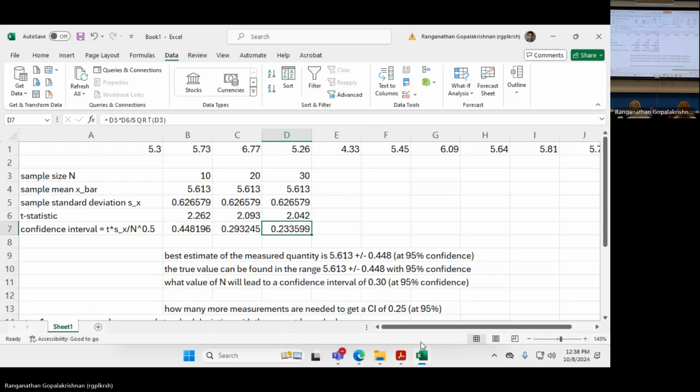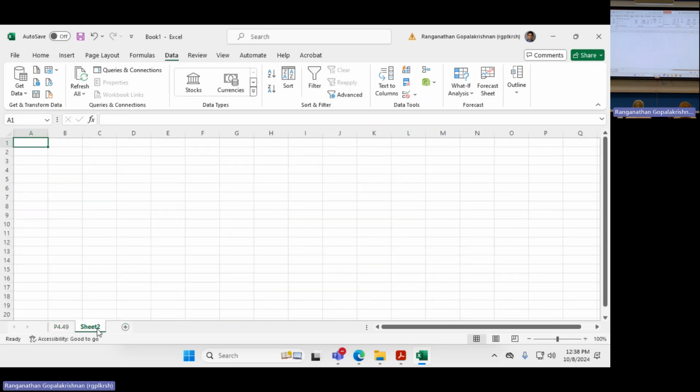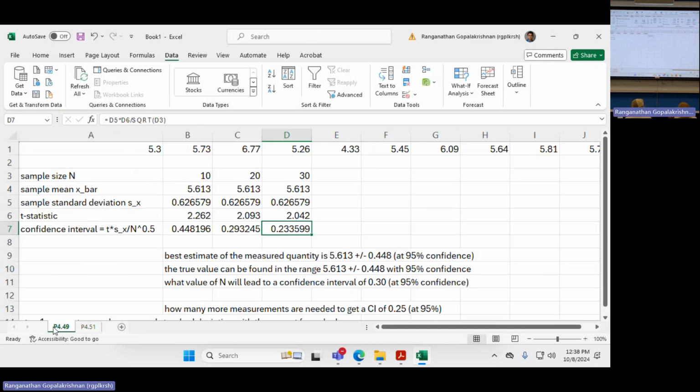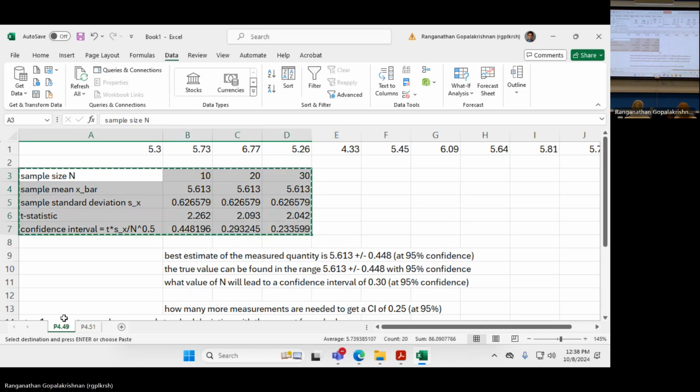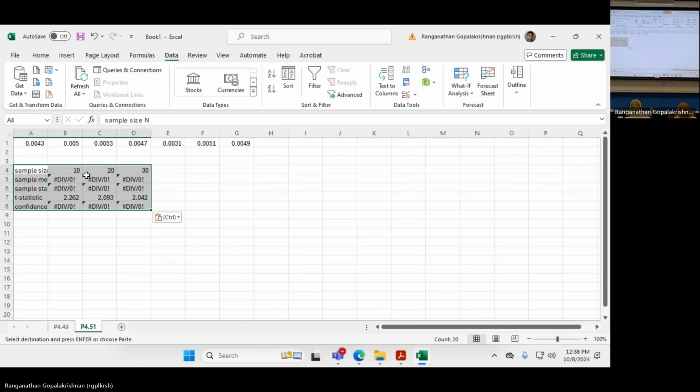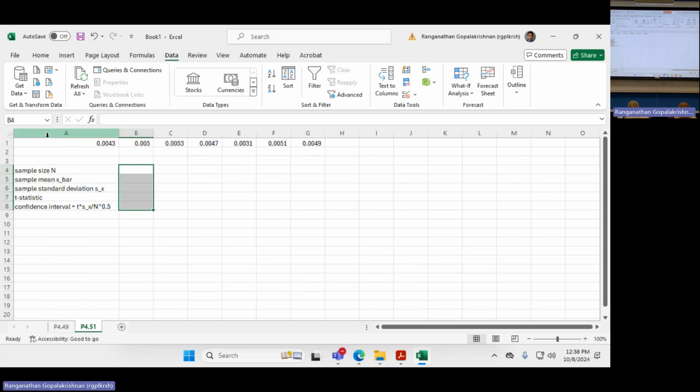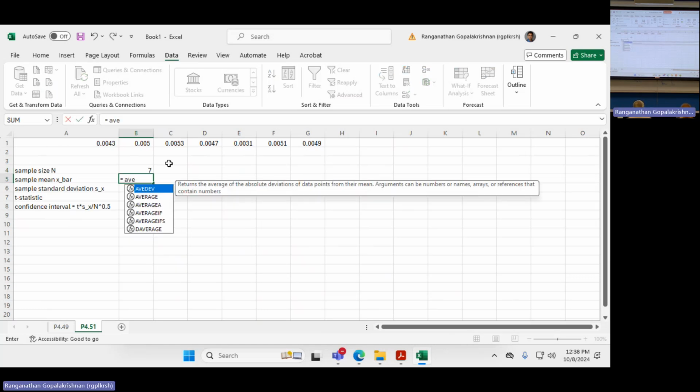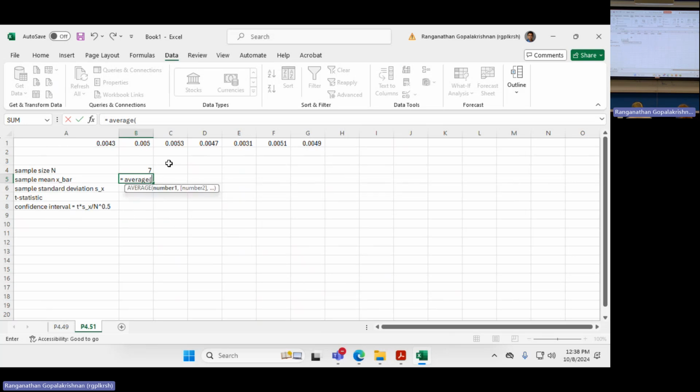Copy that. In the exam, you won't have Excel, remember that. So problem 4.51. I have 7 values. I'm going to copy some of these here. All right, what is my sample size? Sample size 7 observations. Sample mean, I can do this, but in the exam you can't, remember that.